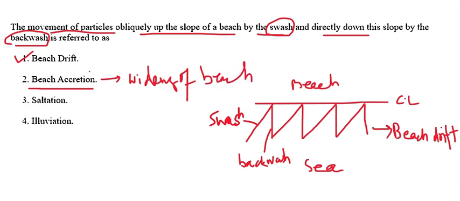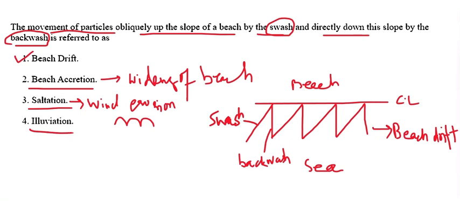So this term is related with the beach. Saltation is related with wind erosion. It is a kind of process in which the sand or the material that is eroded moves with the help of wind by bouncing, and due to that the particles are broken into smaller fragments. It is related with wind erosion.